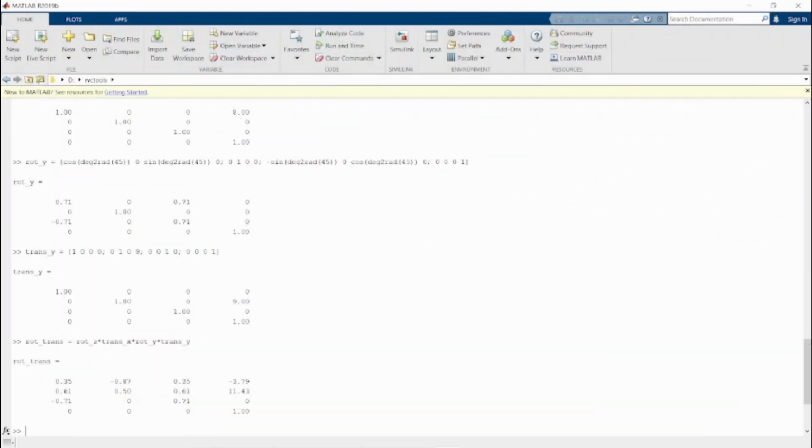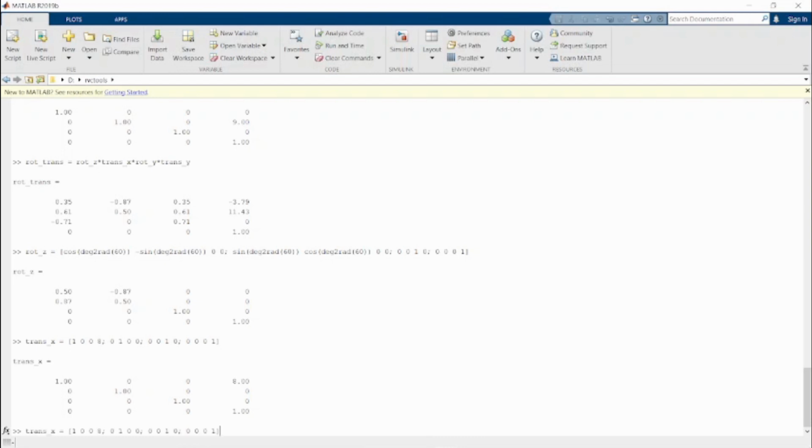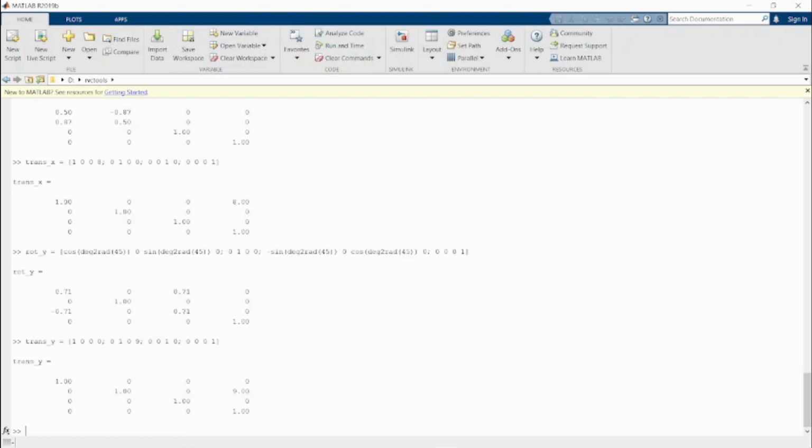In doing all this calculation, we can use MATLAB software. Here is the matrix of rotation about the z-axis, and then this is the translation matrix along the x-axis, and next is rotation about the y-axis, and then the last is translation along the y-axis.